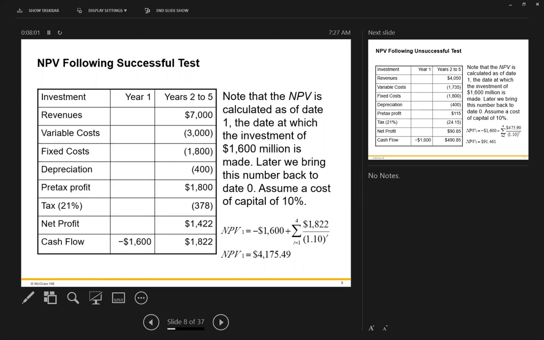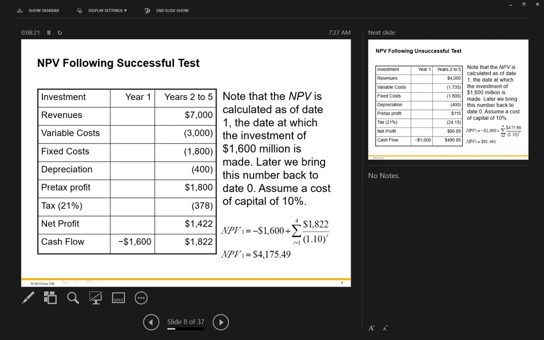Date 1 is when the initial investment is made, at the end of year 1, beginning of year 2. So we will bring this all back to time 0. But for right now, we just want to know the net present value as of the beginning of year 2.